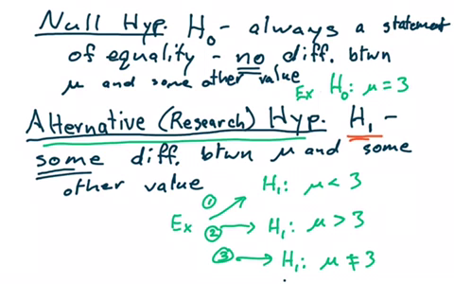Let's go through a few specific examples, stating or identifying the null hypothesis and the research hypothesis, or the alternative hypothesis, for each of these conjectures. We'll take a look at example 8-1, located on page 416 in your text.